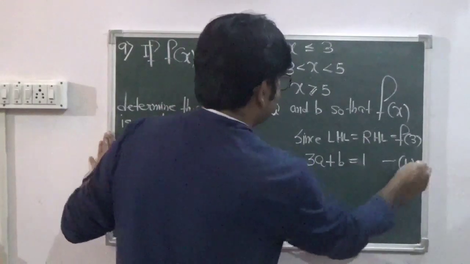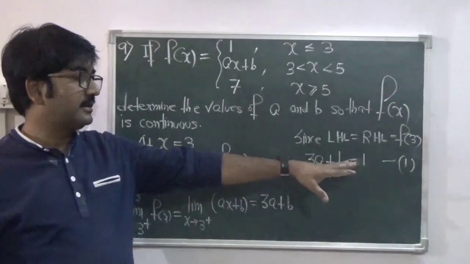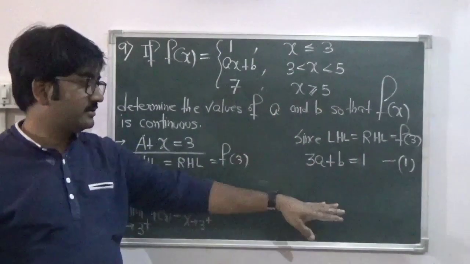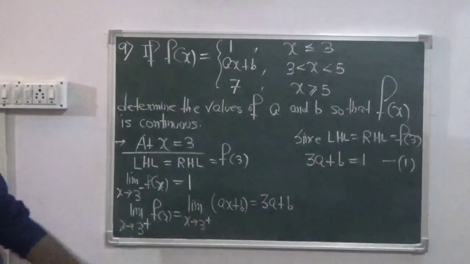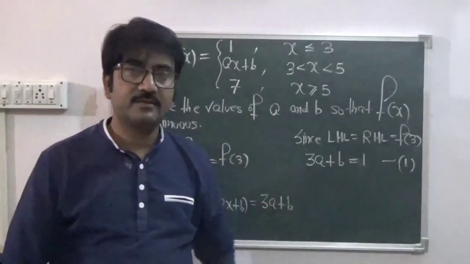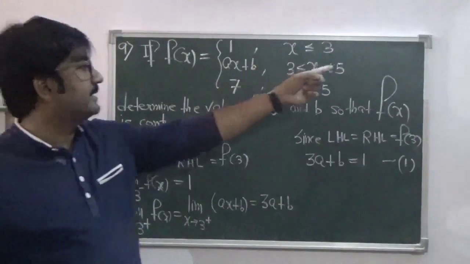This is number 1. So we have a linear equation in 2 variables. To find a and b we need another equation in 2 variables, and we will find that at the other breakpoint, that is 5.